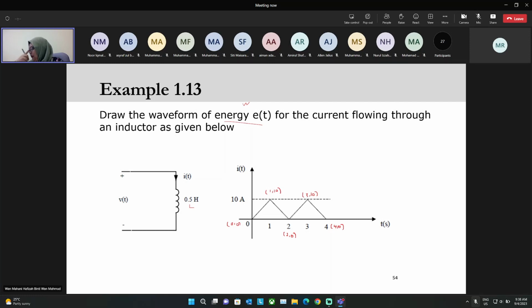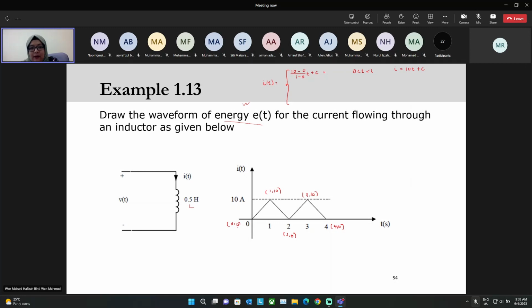So what you need to do untuk baca current ni, sebutan dia akan ada 1, 2, 3, 4. 0, T, 2, 1. So 10 minus 0 divide with 1 minus 0, T plus C, sama dengan I equals to 10T plus C.